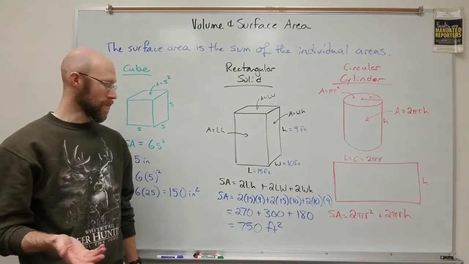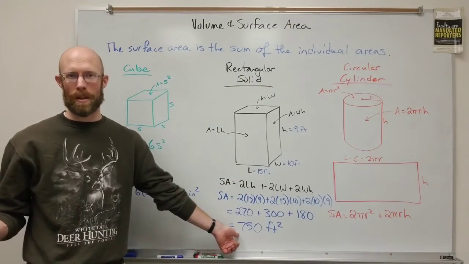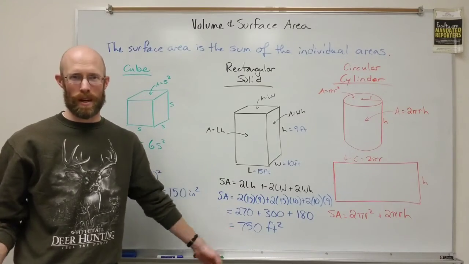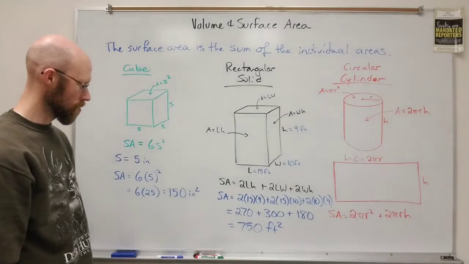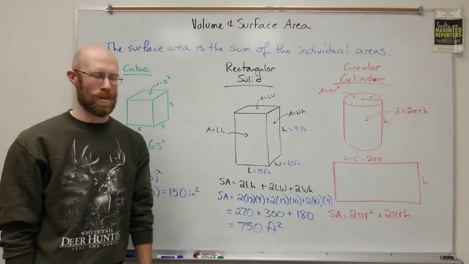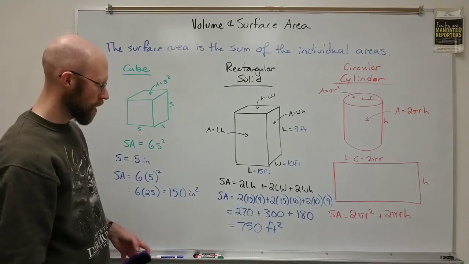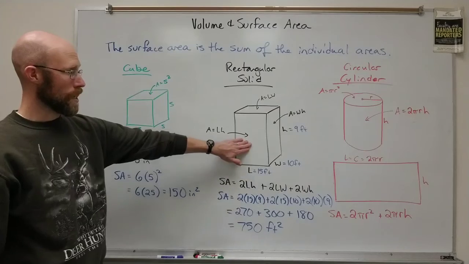If it says 400 square feet per gallon, you get at least 2 of them. Maybe you get a third one just in case you put it on too thick, or maybe 2 gallons plus a little pint or a quart. Anyway, that gives you some idea how to calculate surface area for a rectangular solid.